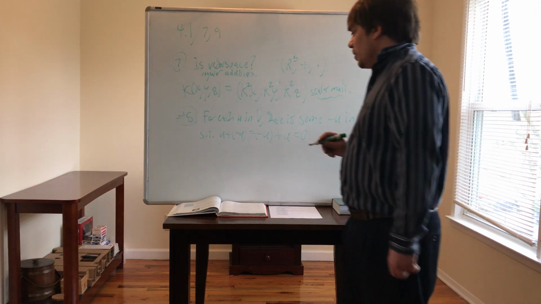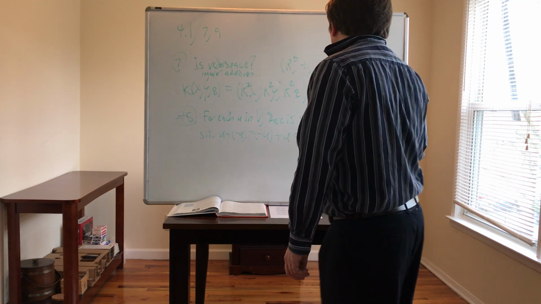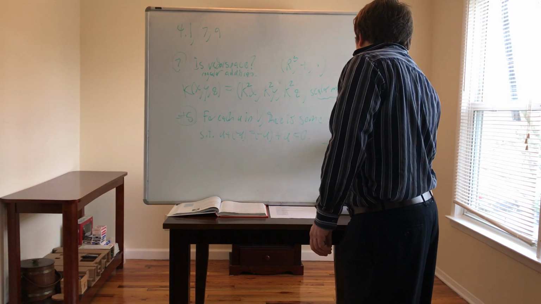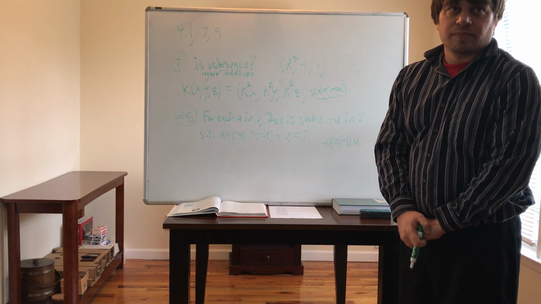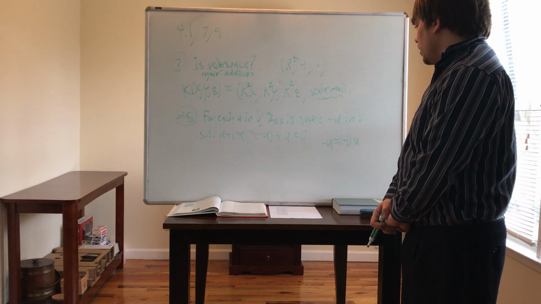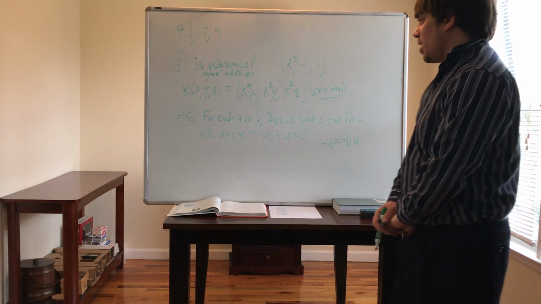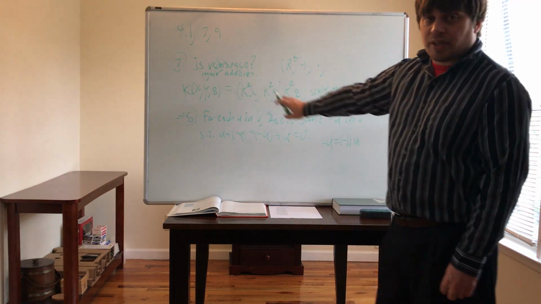And so negative u is equal to negative 1 times u. Okay? But what is negative 1 times u now? Scalar multiplication says you square the number that you multiply by.